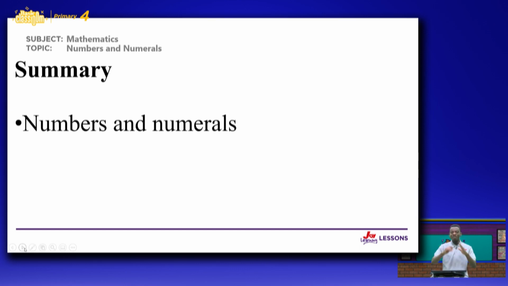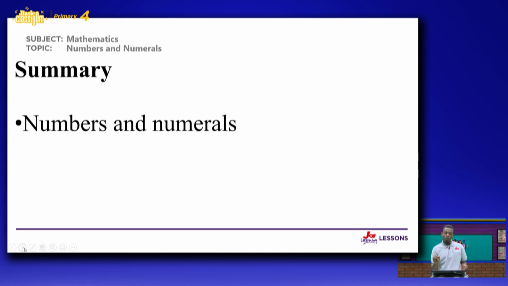Now, for the summary of all we did today, we first understood the meaning of numbers and numerals. We said that a number is the fact or idea that we have about a quantity, expressing it. I said that we can have a number like 5 at the back of our minds by maybe counting 5 apples or 5 mangoes in a basket. That is the number that we have at the back of our mind.